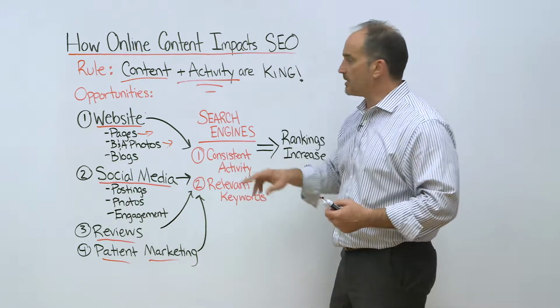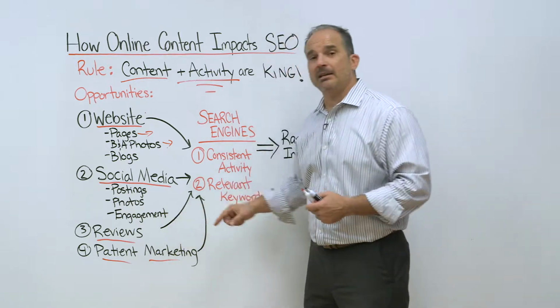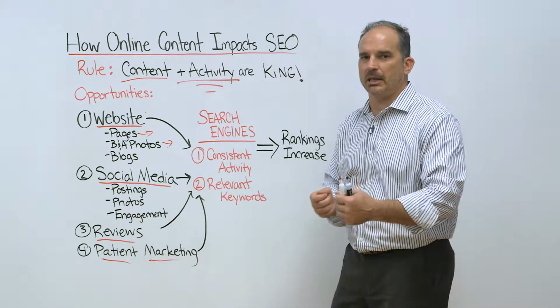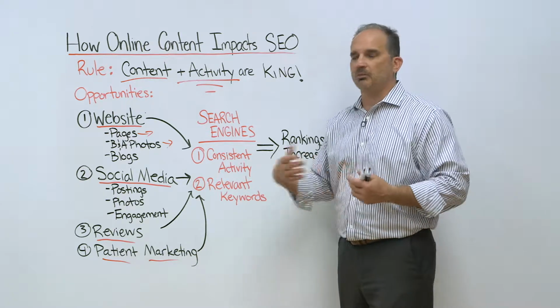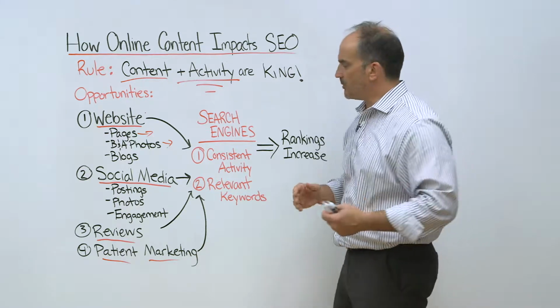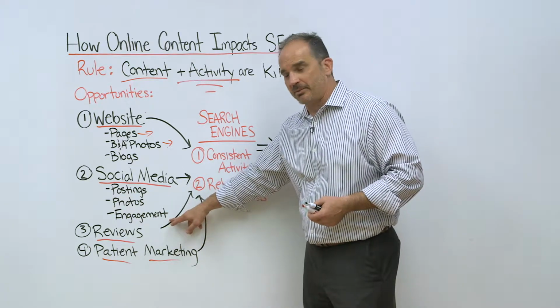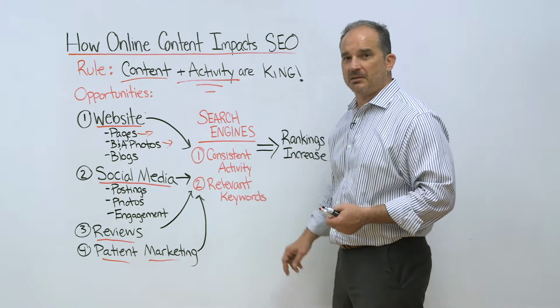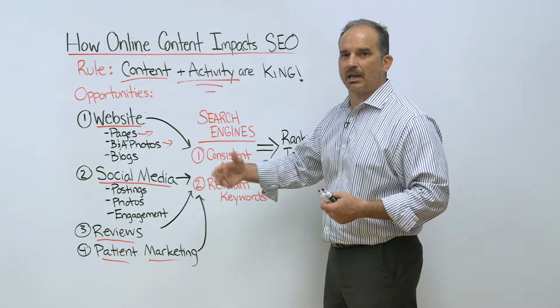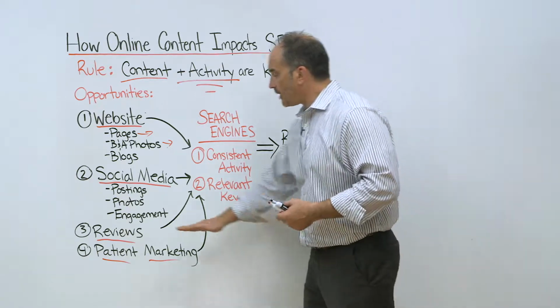Label those photos to the keywords that are important to your search engine rankings. And then engagement, okay? Every time you engage with a consumer in social media, responding to a review, responding to a DM on Instagram, that gives you the opportunity to add the relevant keywords to your website into those engagements and create more content, okay, and links back to your website, ultimately showing activity.